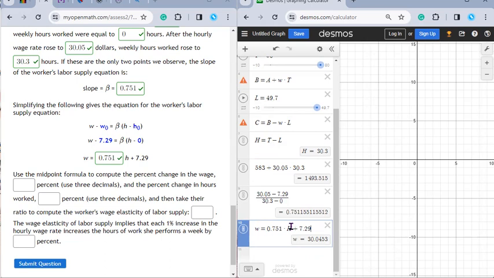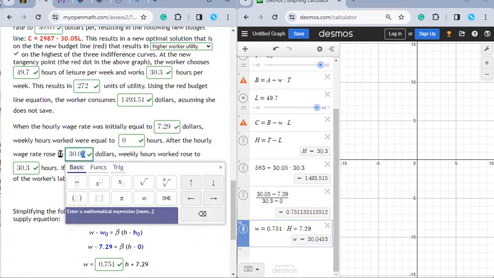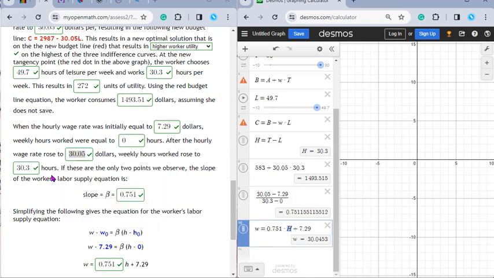Notice with H equal to 30.3, the hourly wage is 30.05 if we round to 2 decimal places, right? So we get this wage rate from our labor supply equation when we plug in hours worked of 30.3.